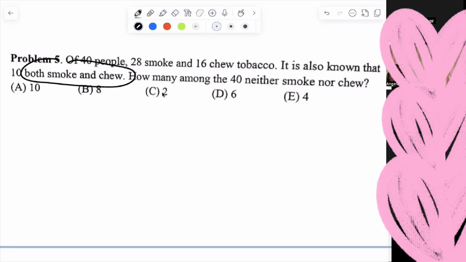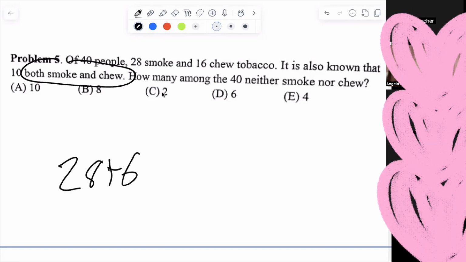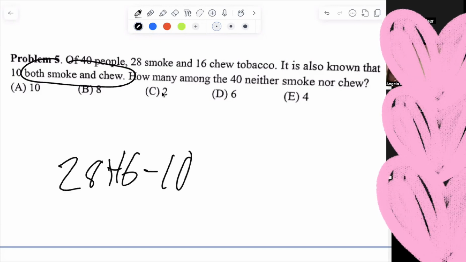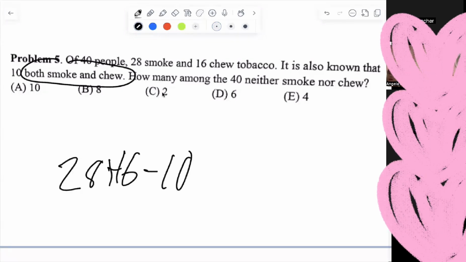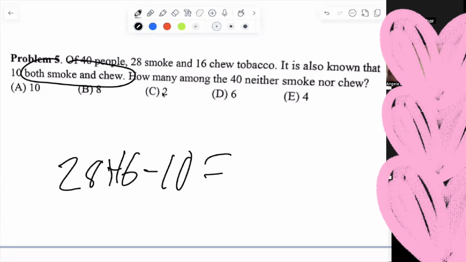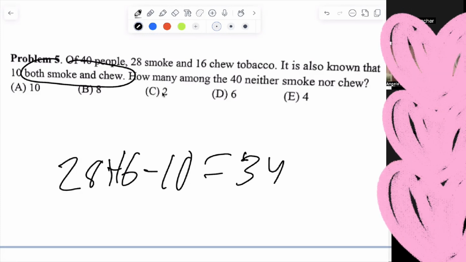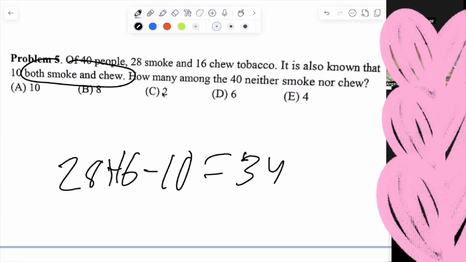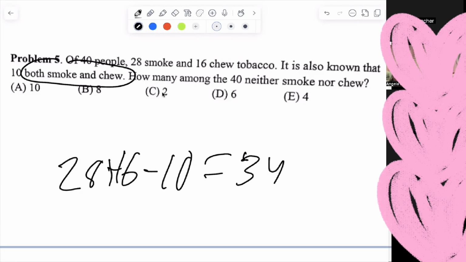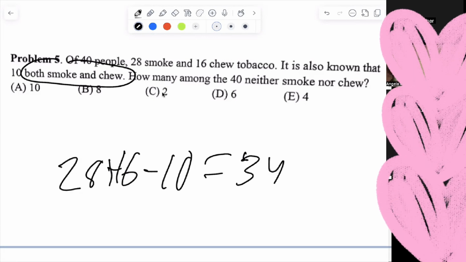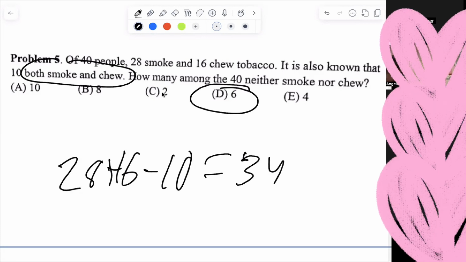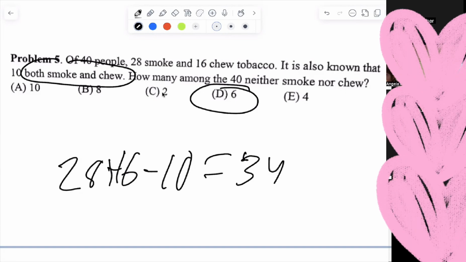So how do we approach this? We just do 28 plus 16 minus 10 to find how many smoke or chew, which gives you 34. Since that's less than 40, there's 40 minus 34, or 6 people that are neither smoke nor chew.